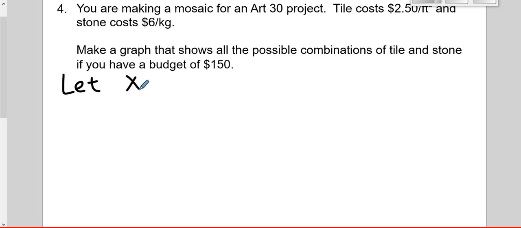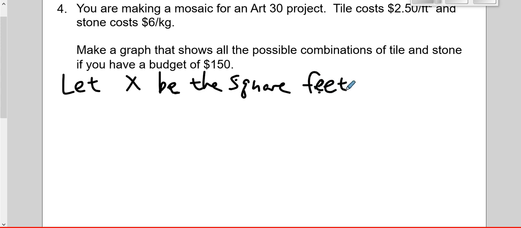So let x be the square feet of tile used in the mosaic.